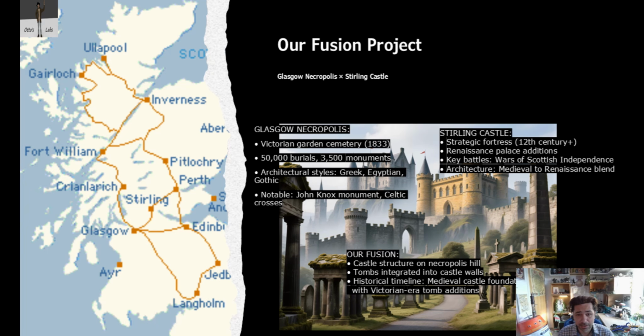Stirling Castle is a strategic fortress dating from the 12th century with Renaissance palace additions and key roles in the wars of the Scottish independence. Our fusion? Imagine a castle structure on the Necropolis Hill with tombs integrated into the castle walls, a blend of medieval castle foundations with Victorian-era tomb additions.